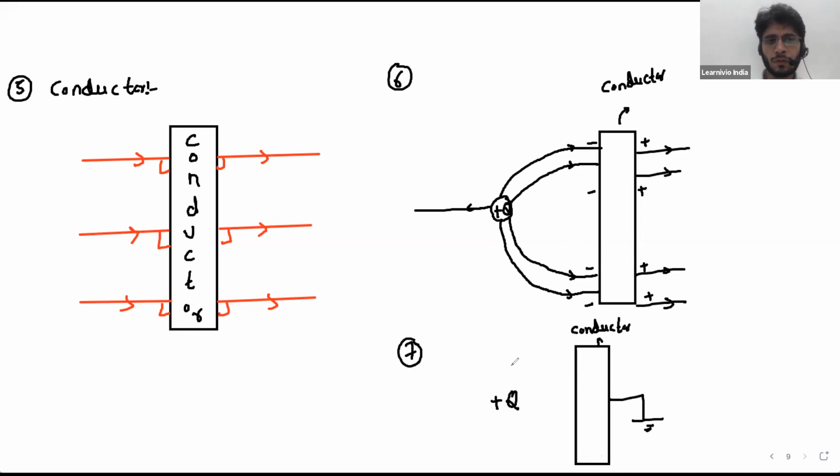Yes, Ahmed, what difference will be there in part 6th and 7th due to earthing? It will gain more negative charge from the earth. Due to that negative charge, this end will become neutral. So field lines will originate from positive and terminate at negative. There are no field lines here because this positive charge gets neutralized due to earthing.